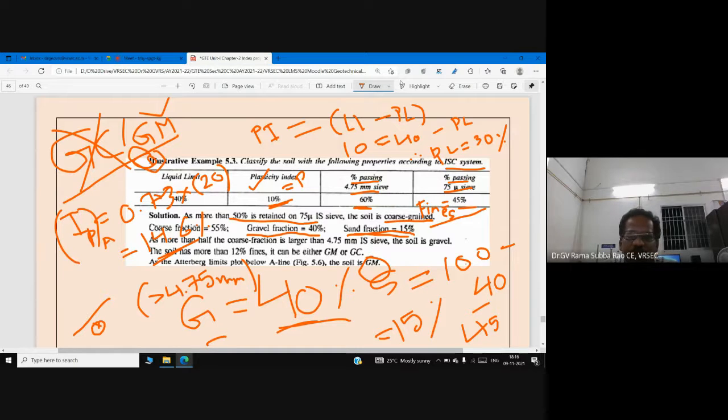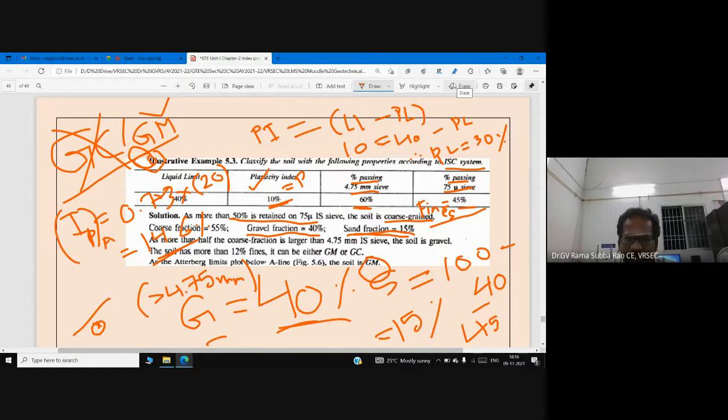This is the way we classify soil as per the Indian Standard Soil Classification System. I will tell you once again before you wrap up this lecture. First, try to identify whether the soil is coarse grained or fine grained.